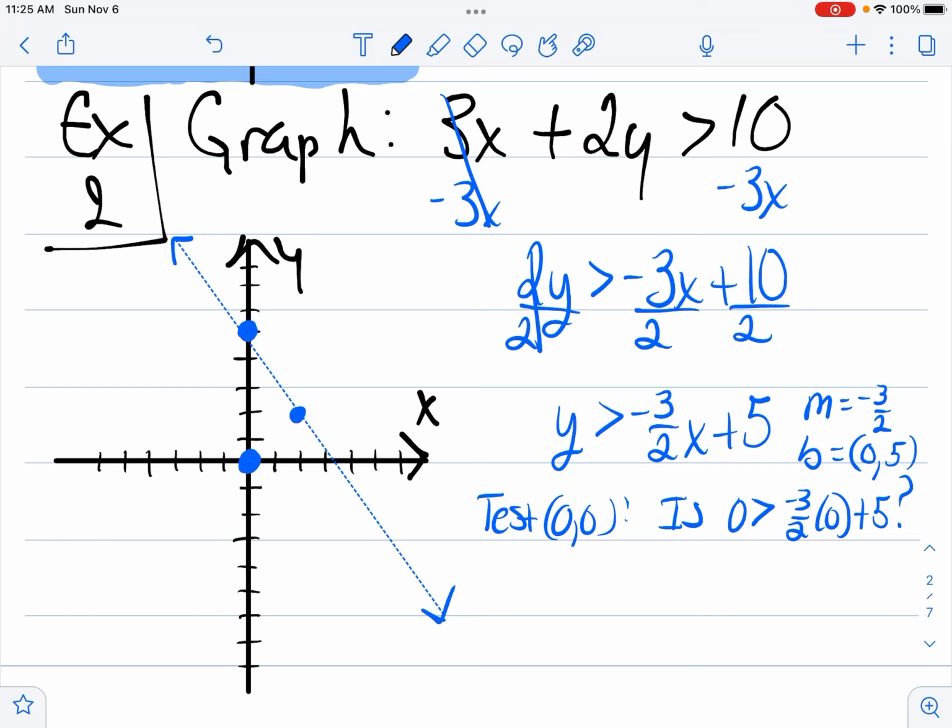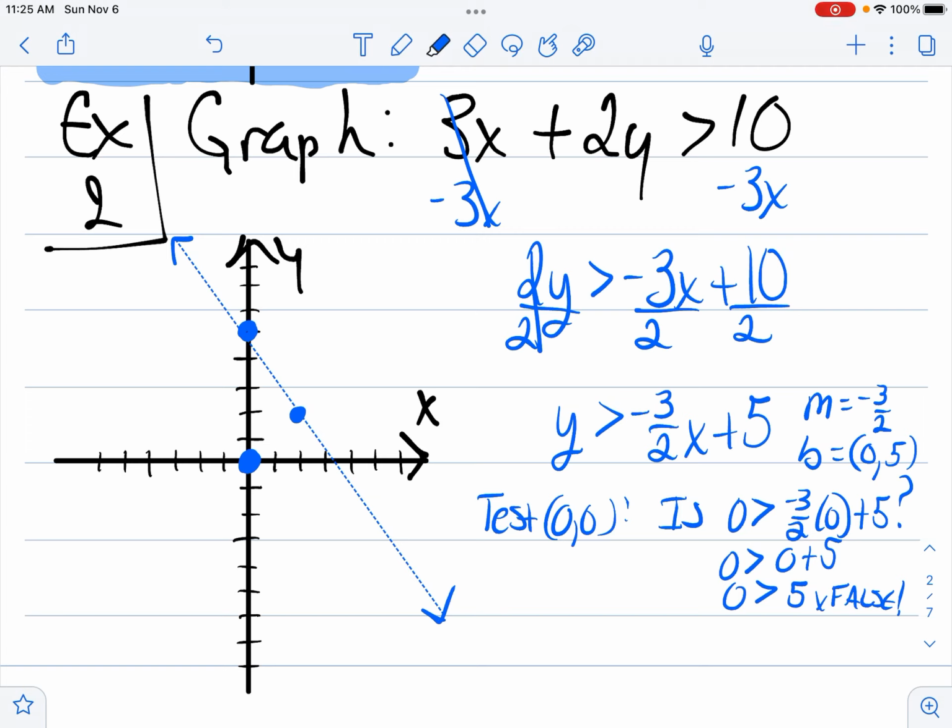And if you also wanted to test standard form, the 3x plus 2y greater than 10, you could test that as well. It doesn't matter, whichever one works best for you. So 0 greater than 0 plus 5. 0 is not greater than 5. That is not true. This is false.